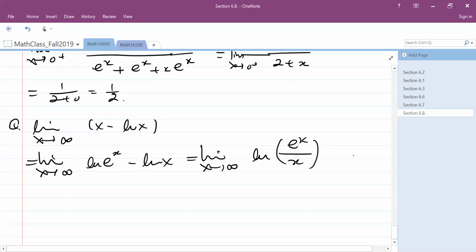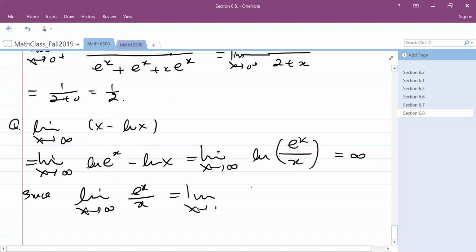This should be equal to infinity since the limit of what is inside is going to be infinity. If you differentiate, it's e to the x over 1, that's going to be infinity, okay? So that's why the limit should be natural log of infinity, which is infinity. We still somehow express it as a quotient, but it's inside the natural log.